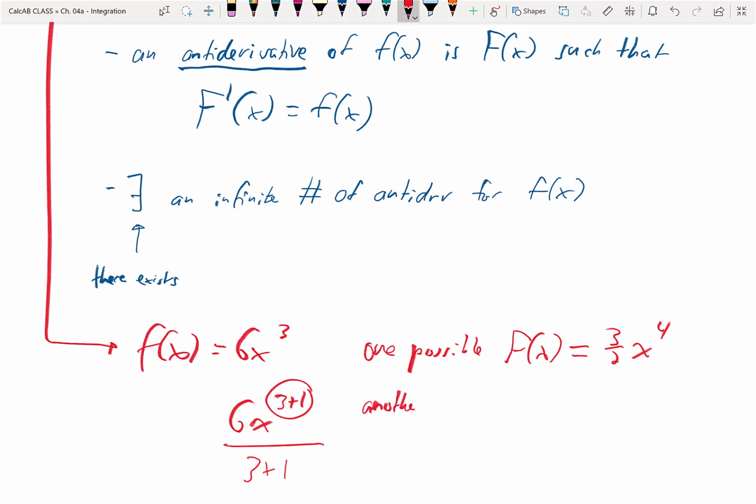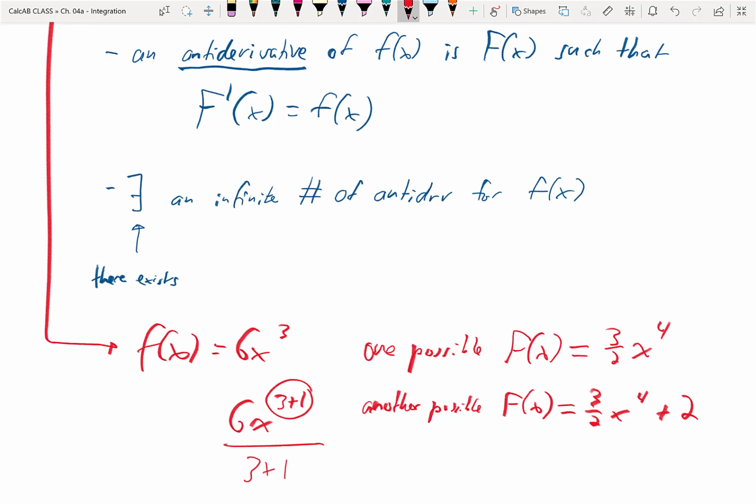Ricardo, can you give me another possible capital F of x that would give me the same derivative? Once you realize the change, you'll be able to get an infinite number of them. Right?